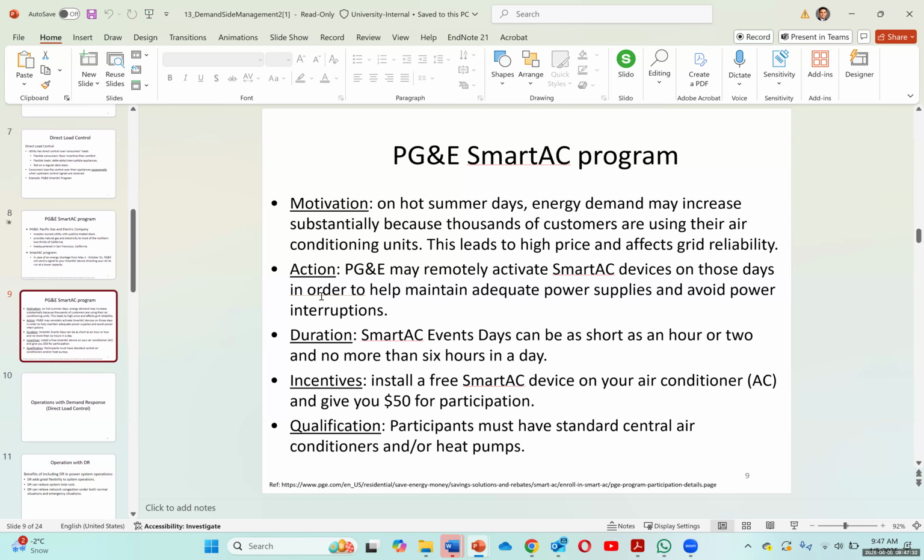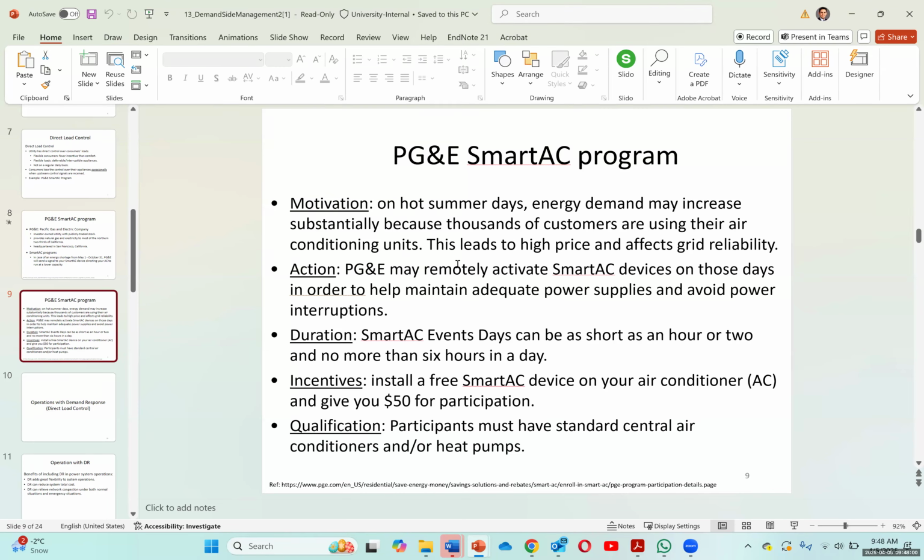The motivation is that on hot summer days, energy demand may increase substantially because thousands of customers are using their air conditioning units. This leads to a high price and affects grid reliability. The action PG&E may take is to remotely activate the smart AC device on those days in order to help maintain adequate power supplies and avoid power interruptions.